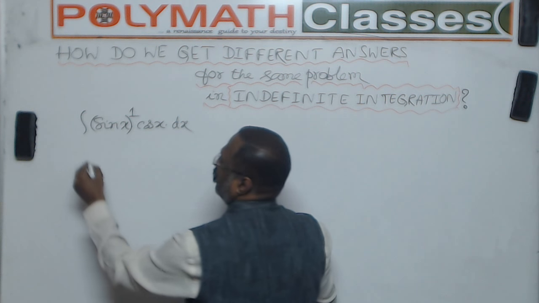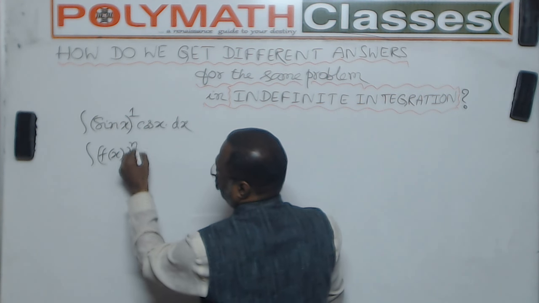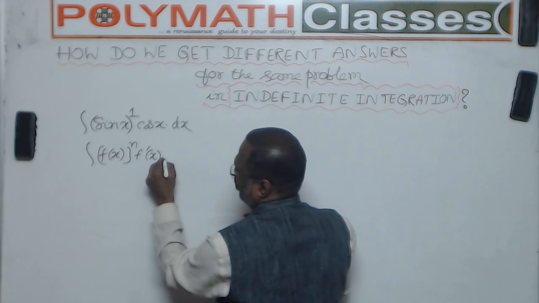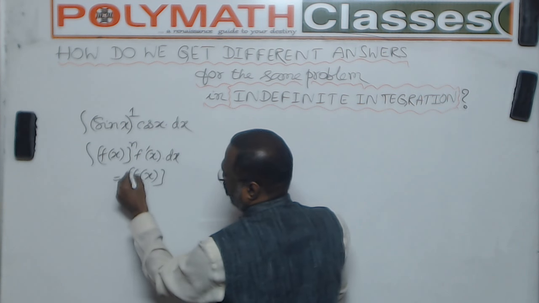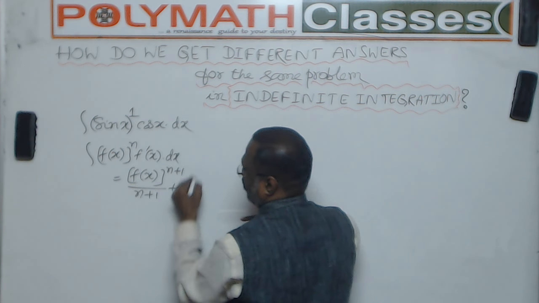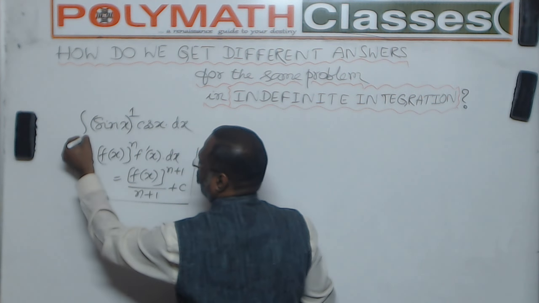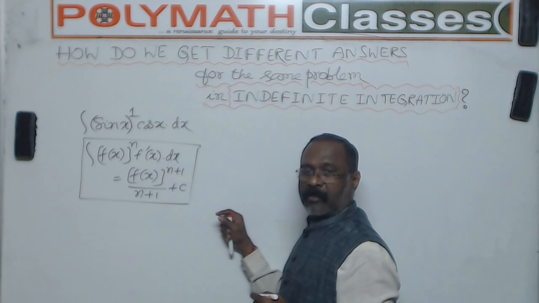So it is in the form of the integral of f(x)^n into f'(x) dx, which is nothing but f(x) whole power n plus 1 upon n plus 1, plus c, the basic formula. Generally, everyone knows this.